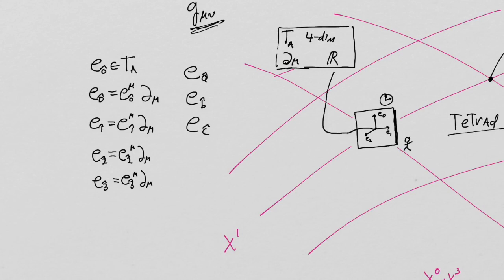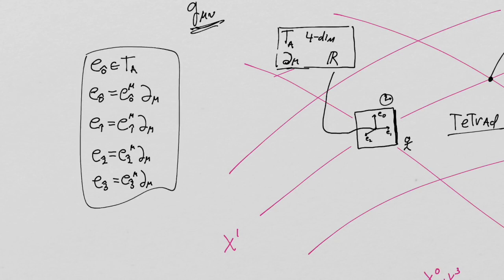Okay, so the other thing to keep in mind is this is a new basis. The E basis, the tetrad basis, is a legitimate basis for the tangent space.